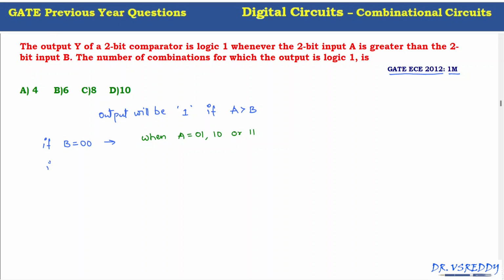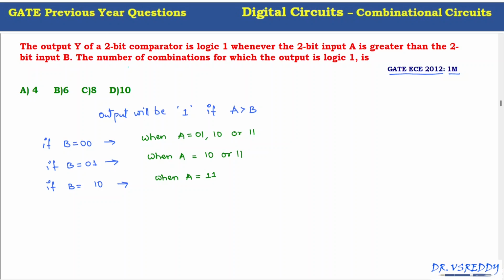Similarly, if B is equal to 0 1, here also there are two conditions: when A is equal to 1 0 or 1 1. If B is equal to 1 0, then we have one condition, when A is equal to 1 1.